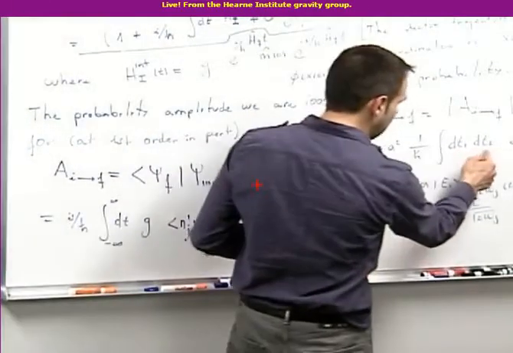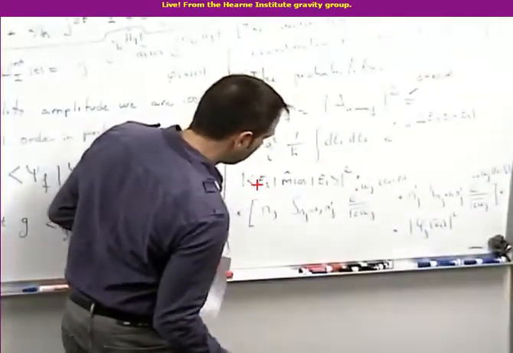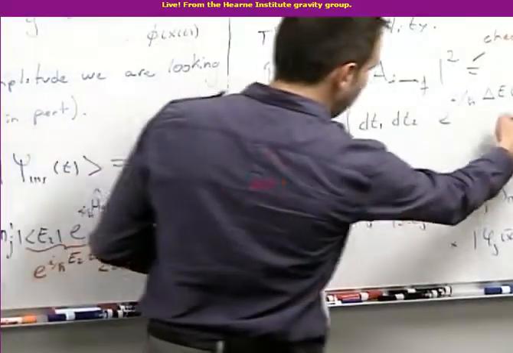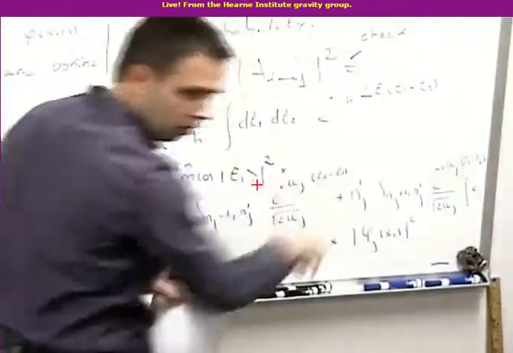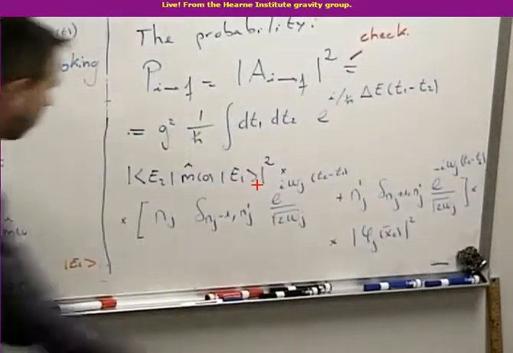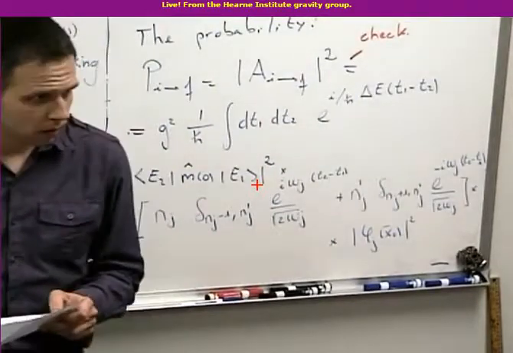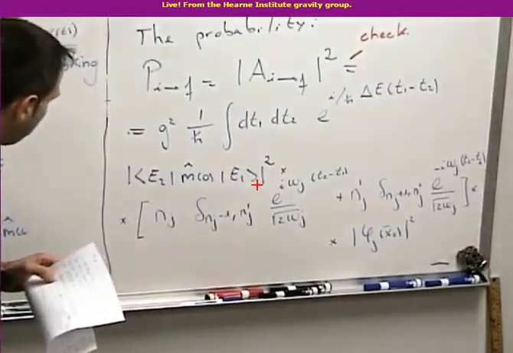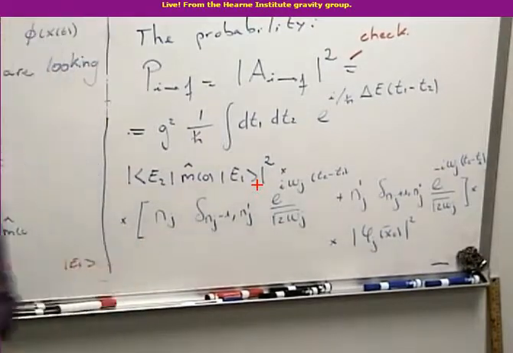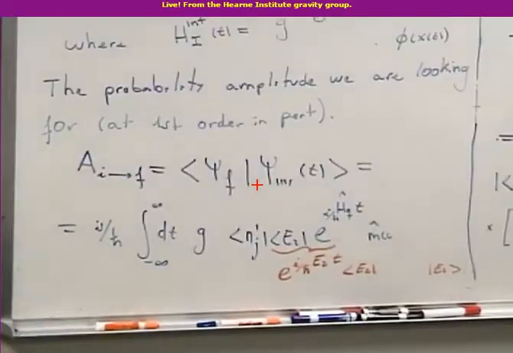we have 2 time variables, t1 and t2, but if you pay attention, everything depends on t1 minus t2. There is no plus anywhere, so it is smart to change variables to t plus, t1 plus t2, and t minus, t1 minus t2.